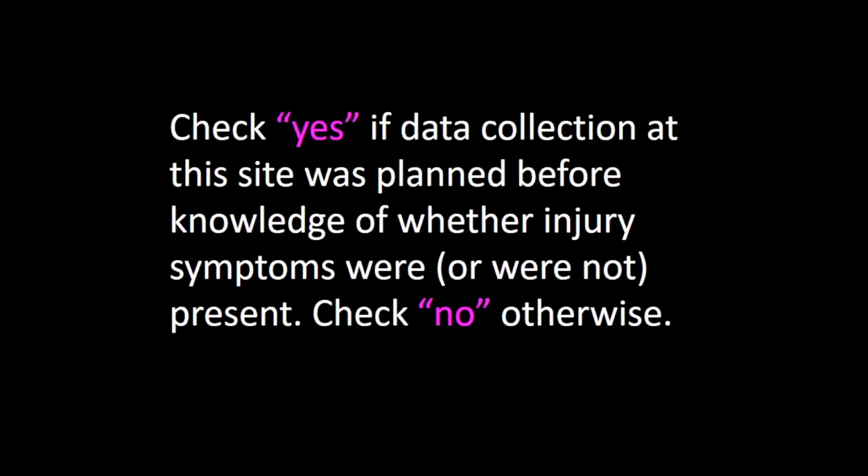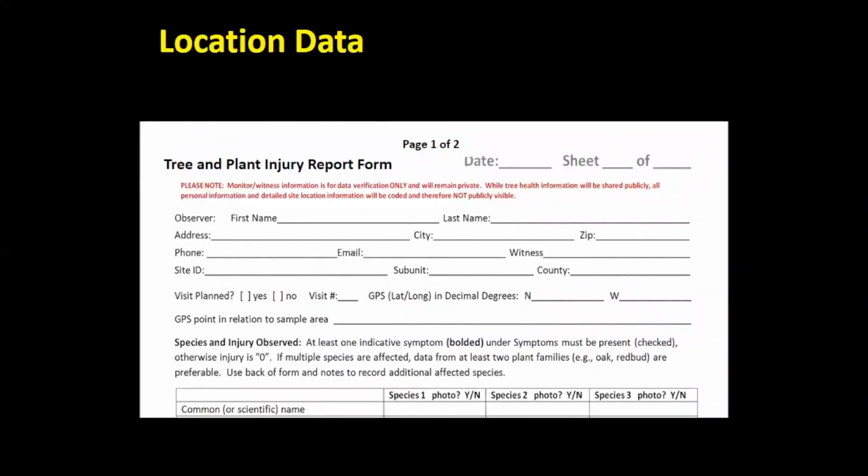Similarly, you might be at a location, maybe another exotic species control work day, in a forested area, and you notice that there are no symptoms present. And you decide the same thing: I think I should record that, and you should if you have an opportunity as well. So in either case, those would be no, or not planned visits. Hopefully that explains that idea.